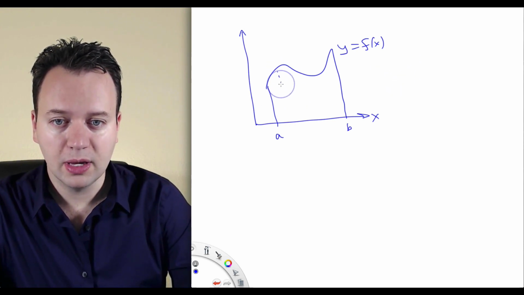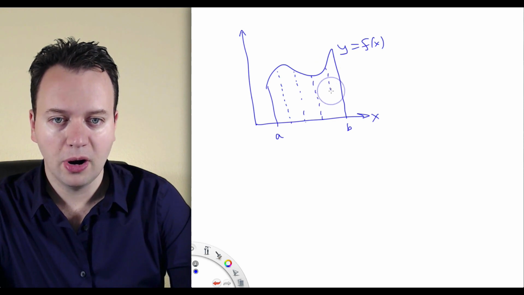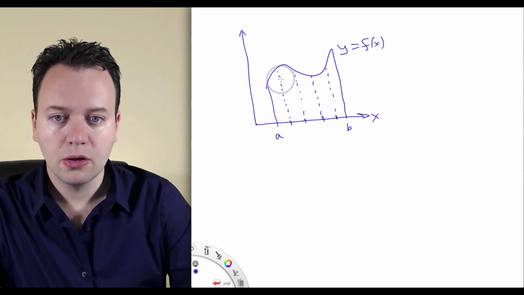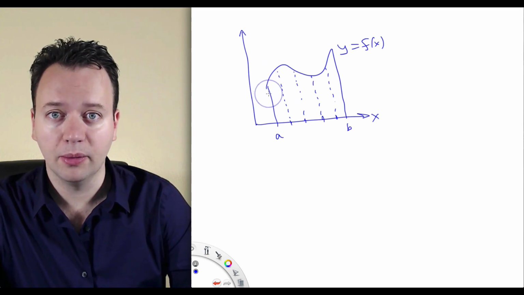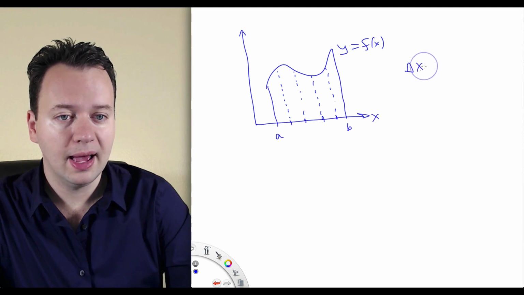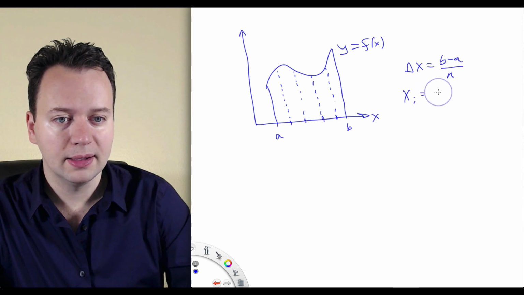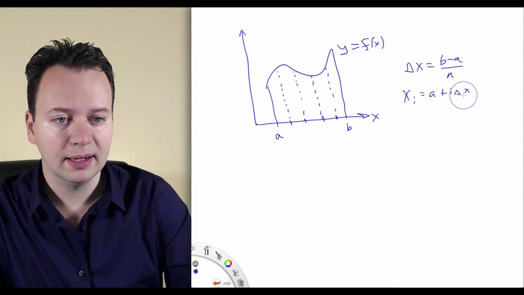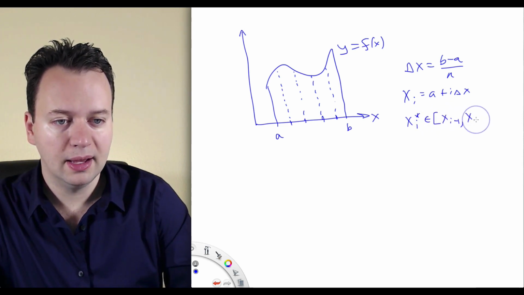So the idea was we divided the interval from a to b into slices, and then we approximated the height of the function using either the right endpoint of each subinterval or the left endpoint of each subinterval. In particular, we had delta x was b minus a over n, and then x sub i is a plus i delta x, and then x sub i star was some point between x sub i minus 1 and x sub i.